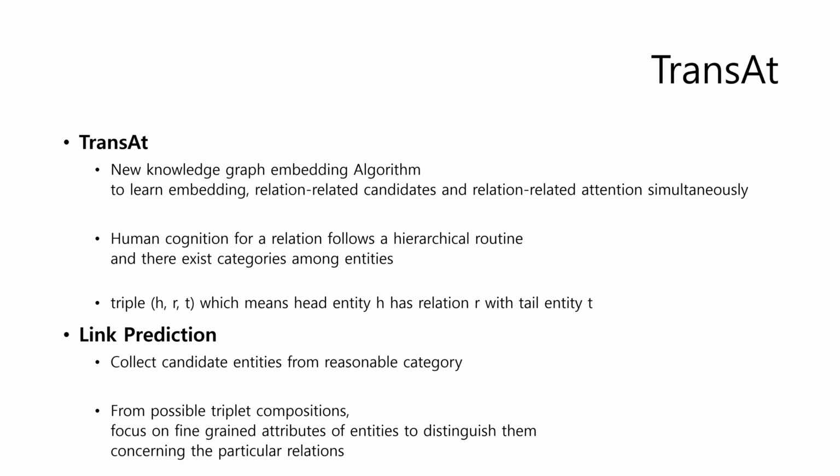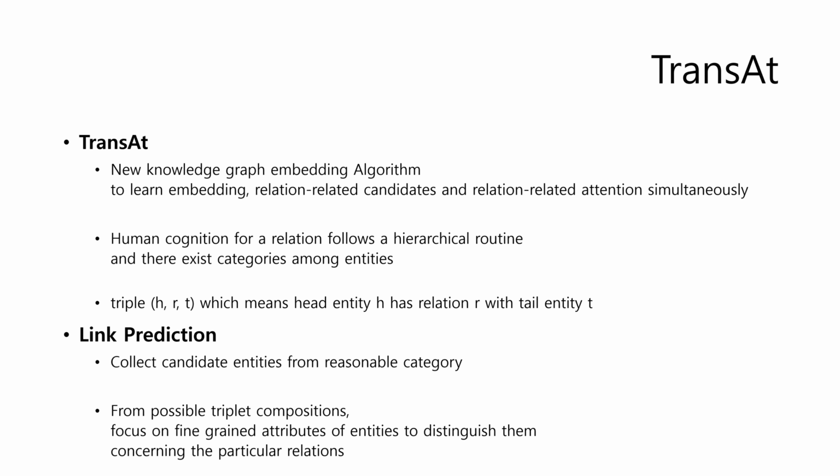In this paper, they evaluate their model with link prediction. In a few words, the link prediction process has two stages. In the first stage, they collect candidate entities from reasonable categories.